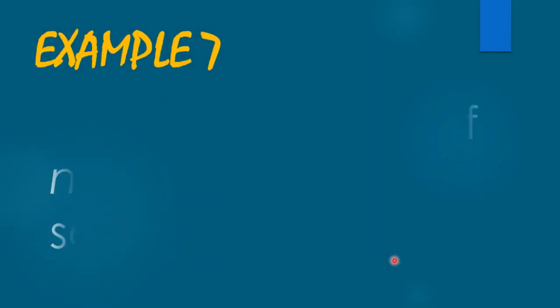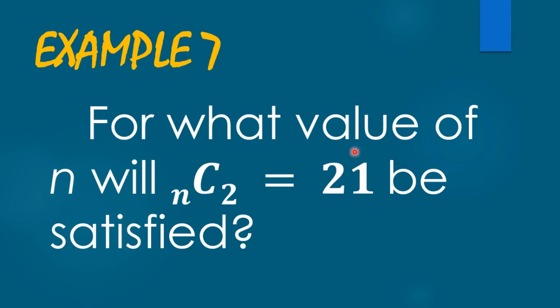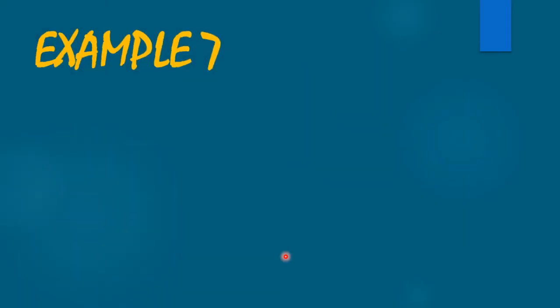Example number 7. For what value of n will the expression, the combination of n objects taken 2 at a time equals 21, be satisfied? So again, we have the given: the combination of n objects taken 2 at a time equals 21.